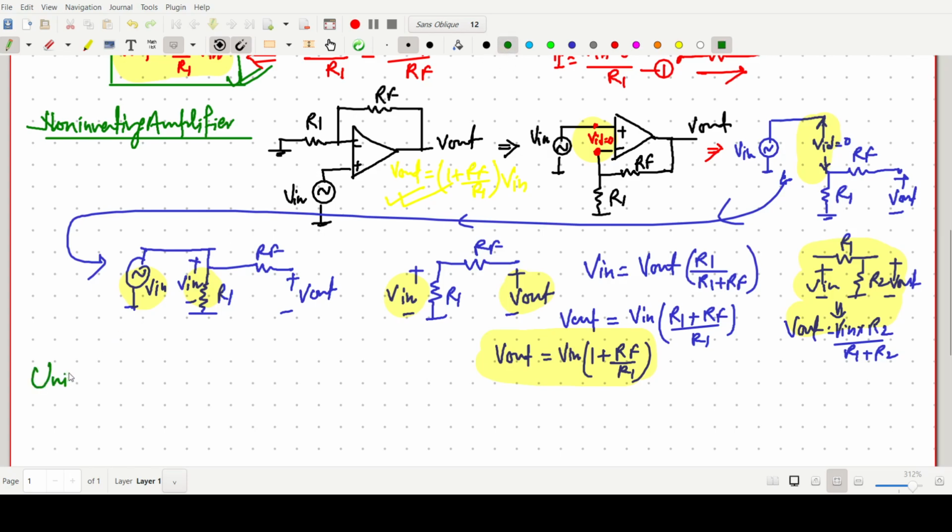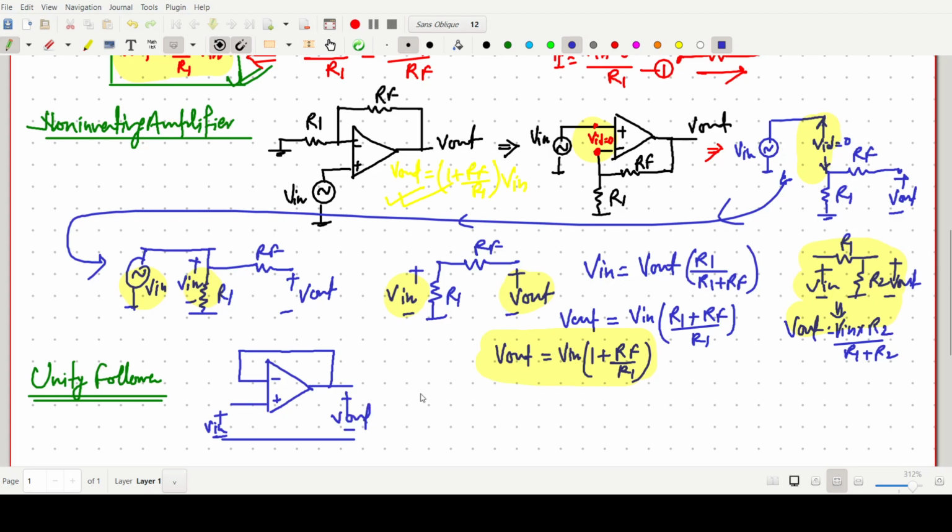Okay, one more: the unity follower. The unity follower circuit is very simple. What we have to do? First, we have to draw the op-amp circuit, minus, plus, and we have to give the input at this side.